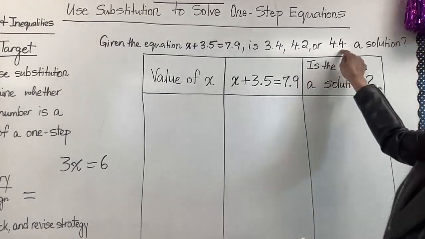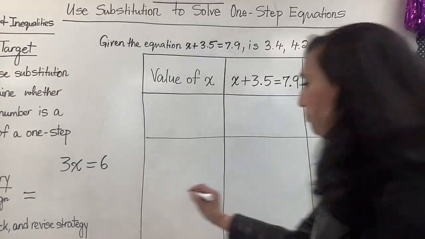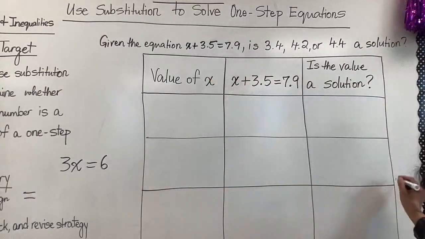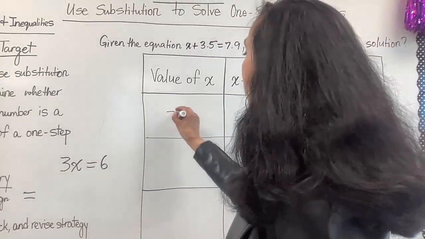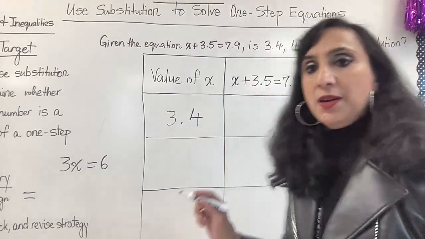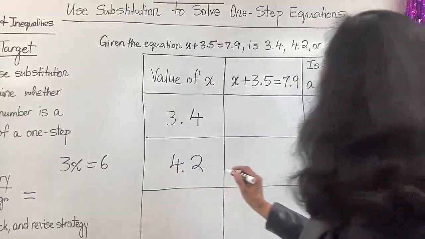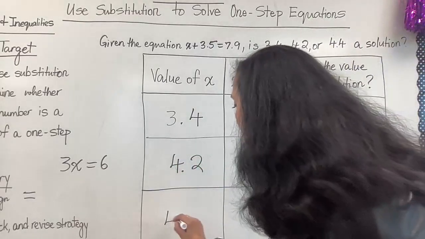Okay, so I've created a table like this, and what I'm going to go ahead and do is, because these three values are given to me, the value of x is given as either 3 and 4/10, or it is 4 and 2/10, or it is 4 and 4/10.